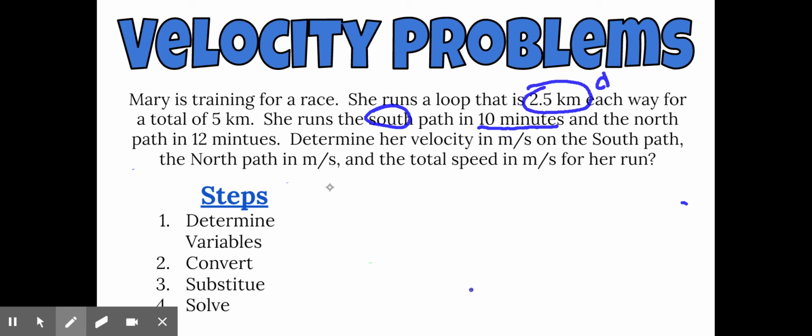So let's substitute then. Velocity equals distance over time plus the direction. All right, so now we can substitute velocity equals 2.5.